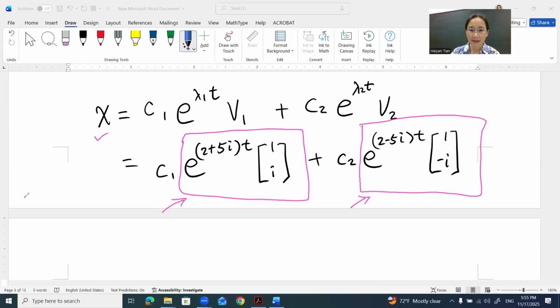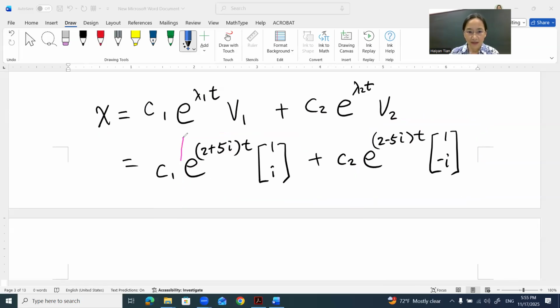The answer is yes. For one complex valued solution, we can write it in terms of its real part and imaginary part. Let's decompose this complex valued solution into two parts.